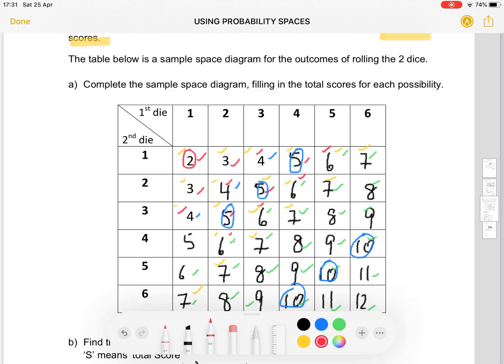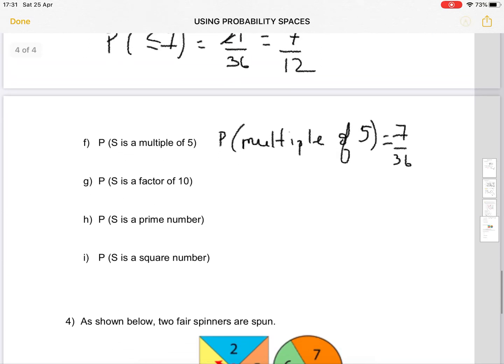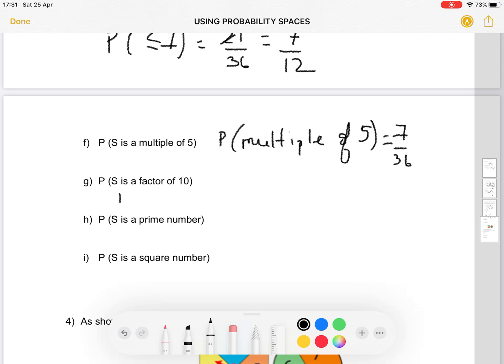Up till now I have 1, 2, 3, 4, 5, and the 10 is also a factor of 10. So in all I have 5 and 3, 8. 8 on 36. So probability factor of 10 is equal to 8 on 36.